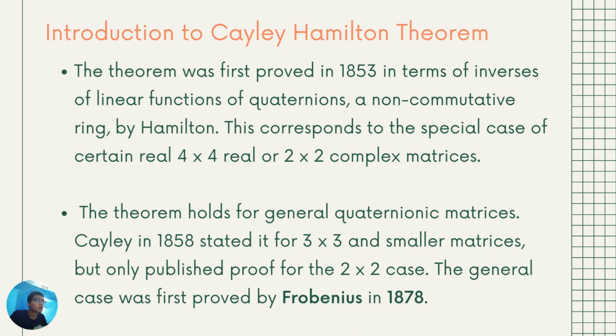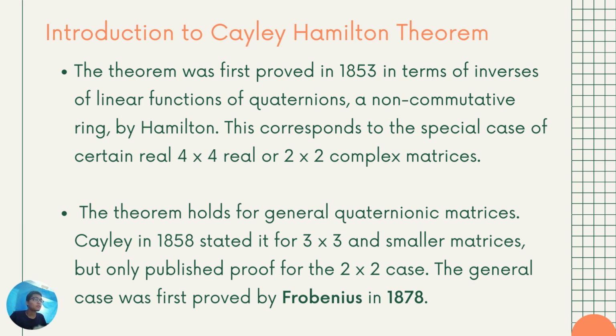Next, the theorem was first proposed in 1853 by Hamilton, in terms of inverses of linear functions of quaternions, a non-commutative ring. This corresponds to the special case of certain real 4 by 4 or complex 2 by 2 matrices.